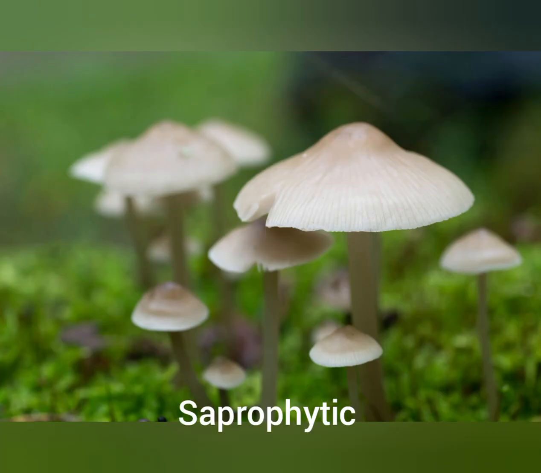So, saprophytic heterotrophs are the ones which obtain their food by absorbing dissolved organic matter. In simple words, they obtain their food by breaking down dead and decayed organic matter. So, they feed on the dead and the decayed.